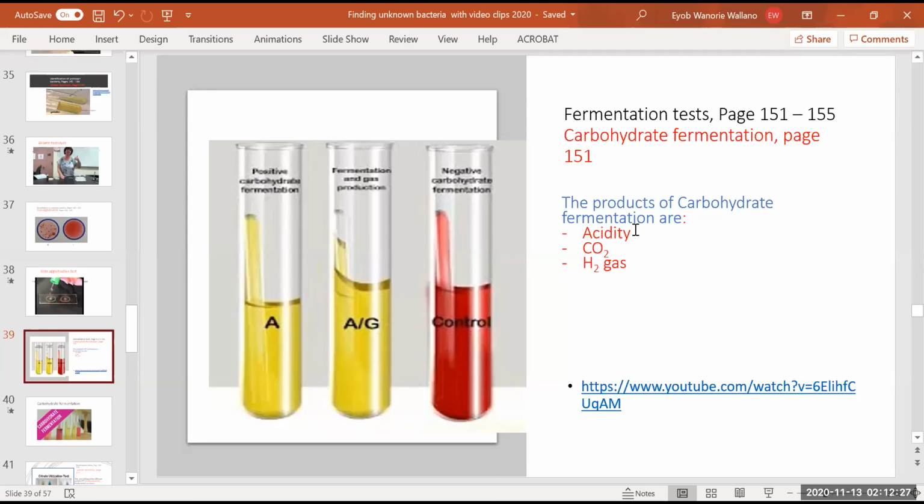You remember when we were talking about metabolism of bacteria in chapter 6, in physiology, metabolism, anabolism, and catabolism. In the fermentation process, the carbohydrate breaks down, and then they are going to change to pyruvic acid in the process of hydrolysis. Look, the carbohydrate breaking down is making acid, you see.